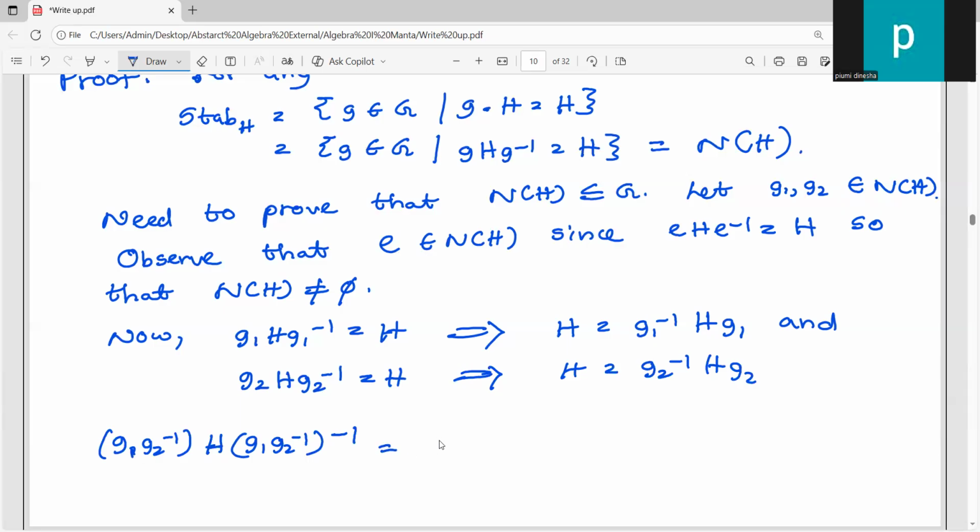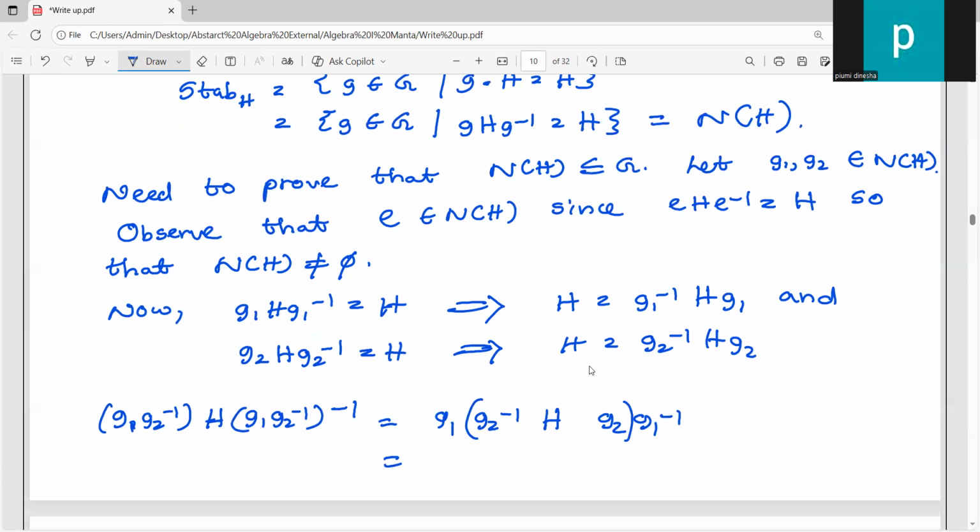So this is equal to G1 G2 inverse H. When you take the inverse over here, we have the inverse of the inverse of G2 inverse, which is G2, then G1 inverse. Now, using the associativity property, from here we know that G2 inverse H G2 ends up being H, so G1 H G1 inverse.